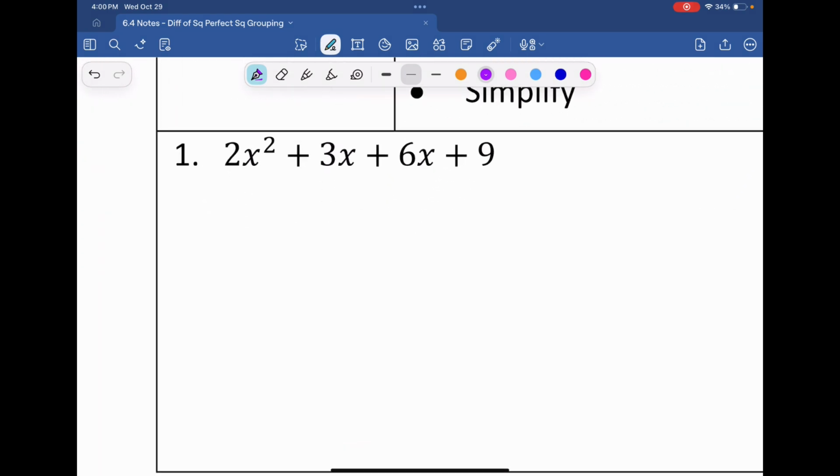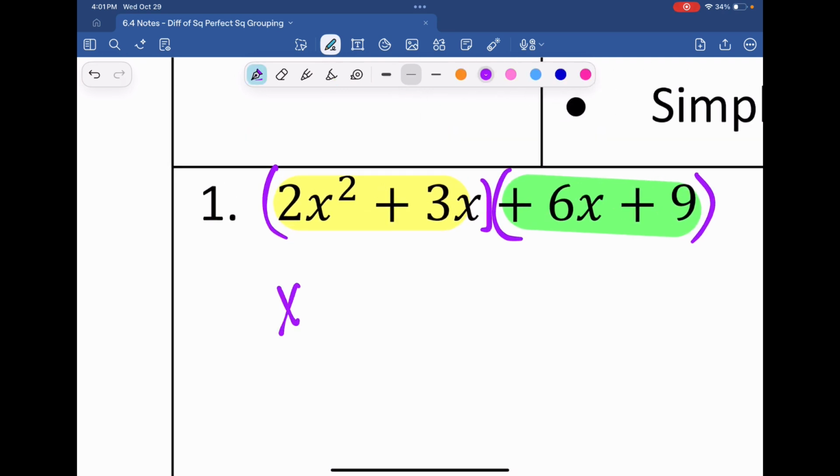So in example 1, I'm looking at the first two terms. They do have a GCF. So we'll group the first two and the last two. Group 1, group 2. GCF of the first group is x. So 2x squared by x and 3x by x.